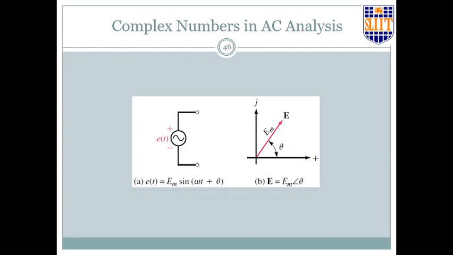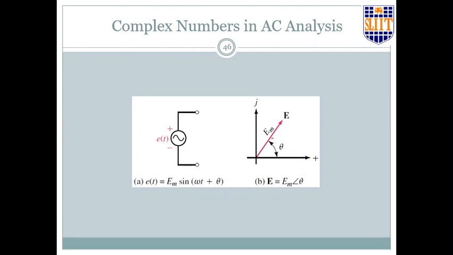In that case, you can use either Em angle theta or the xy coordinates of the E. In most cases, for voltage sources and current sources, we prefer to use the polar form, whereas when it comes to impedances, most of the time we get rectangular coordinates, although it is not a must to have rectangular coordinates only for loads and polar coordinates only for sources.